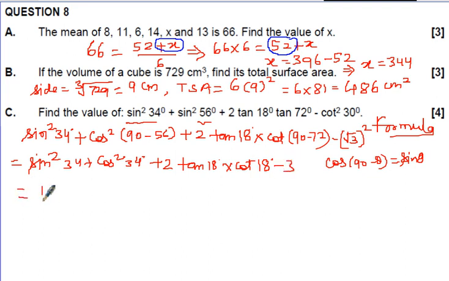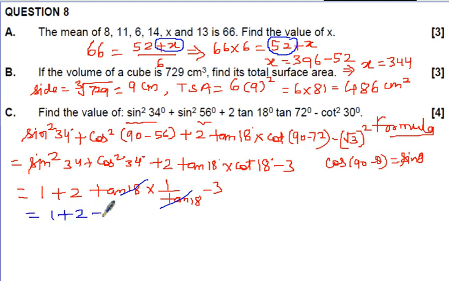So here it comes 1 plus 2 tan 18 into 1 upon tan 18. You can expand the step if you want, and then you can cancel them, and you get your answer 1 plus 2 minus 3, which is 3 minus 3 gives you 0.